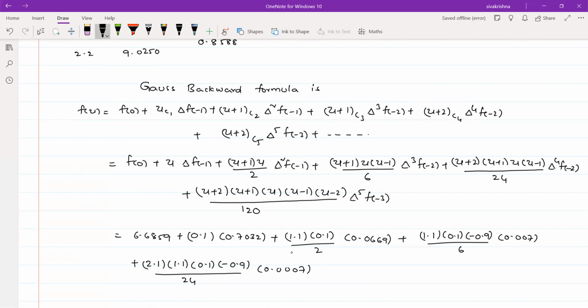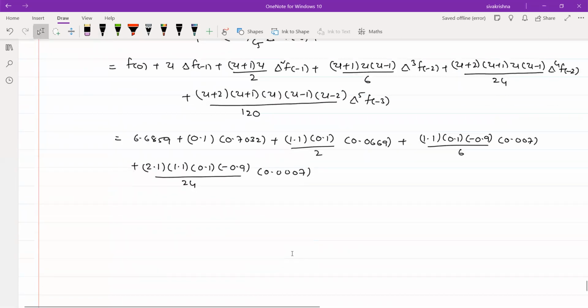We have to write up to the fourth term. On simplification, we get f of 1.9 is equal to 6.753094. This is the problem.